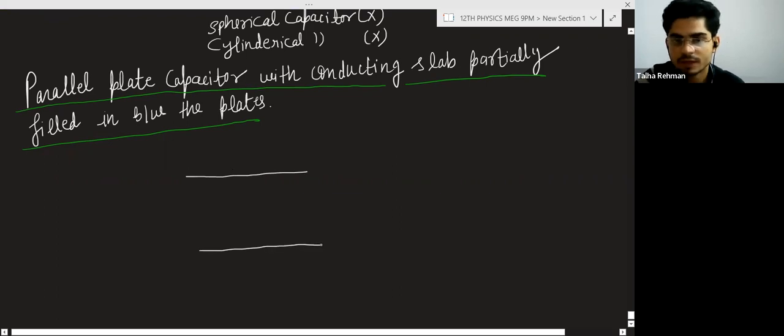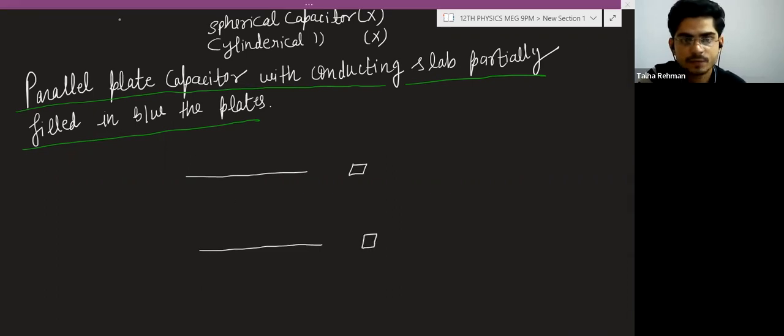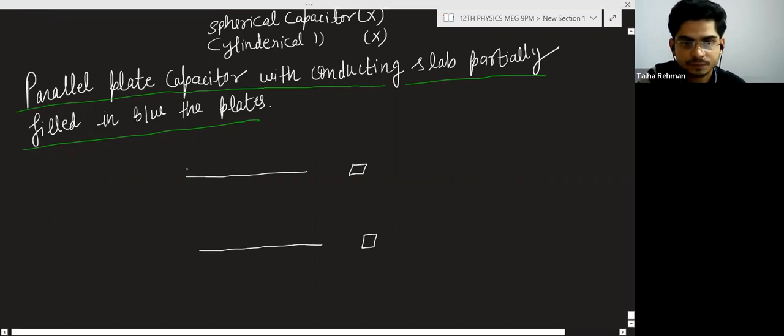This plate is like this in actual, and it has a positive charge, and this plate has a negative charge.